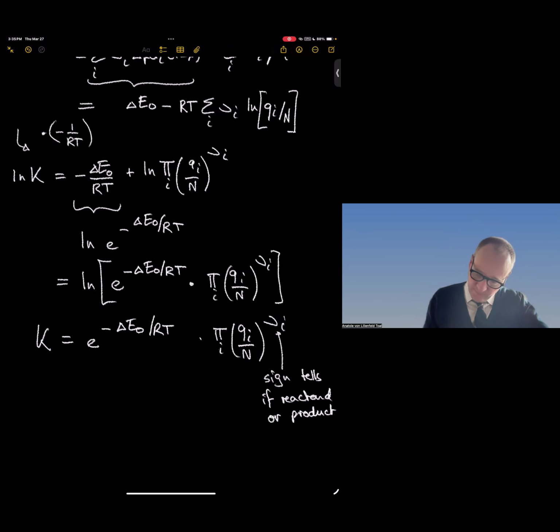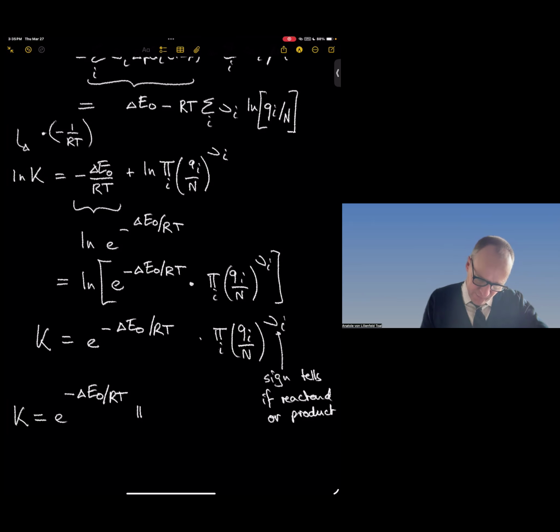And we can make that more explicit by writing down the fraction for the two explicitly.